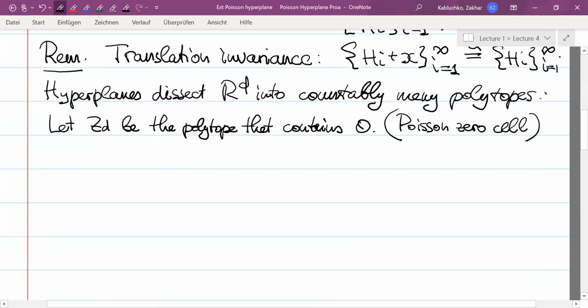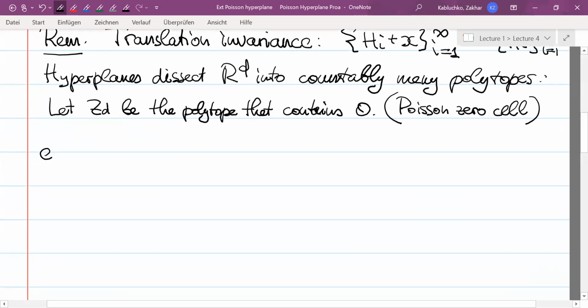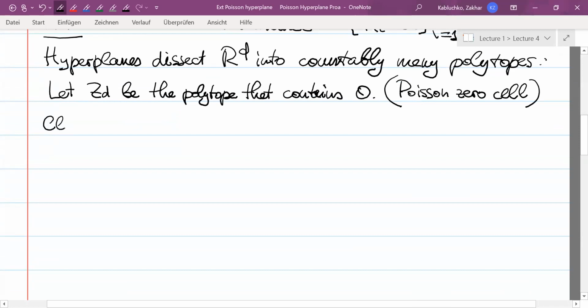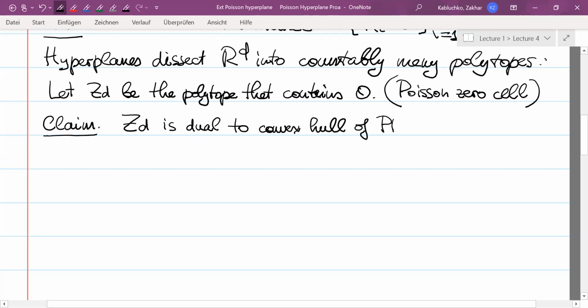And now we claim that this polytope can be related to a beta prime polytope. So we claim Z_d is the dual polytope to the convex hull of the Poisson point process with the same intensity as before.